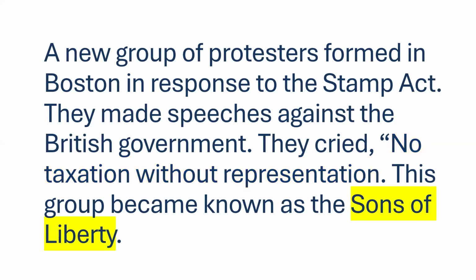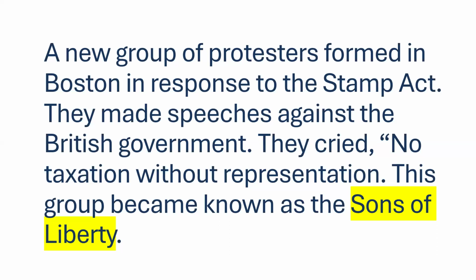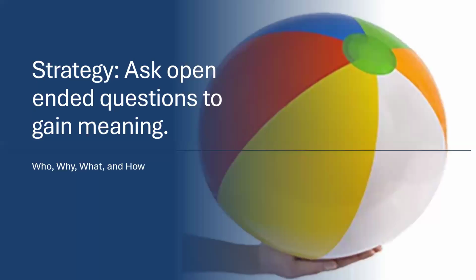The Sons of Liberty. So this group of protesters who did not like being taxed without having a say on those things that could be taxed became known as what, everybody? Yes, the Sons of Liberty. And that is our big question. So we would go back to our big question and say, this is who our Sons of Liberty are. And they become a big part of forming a government within the United States.